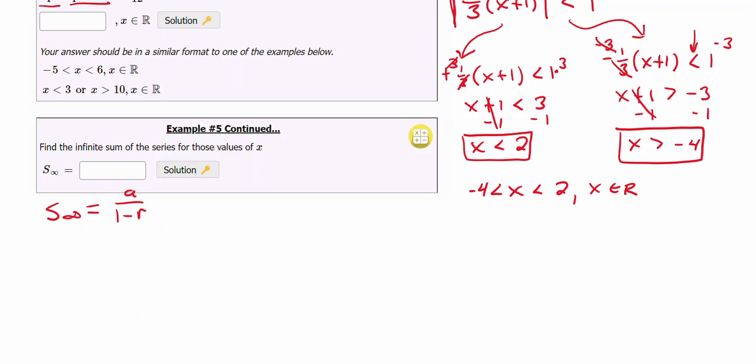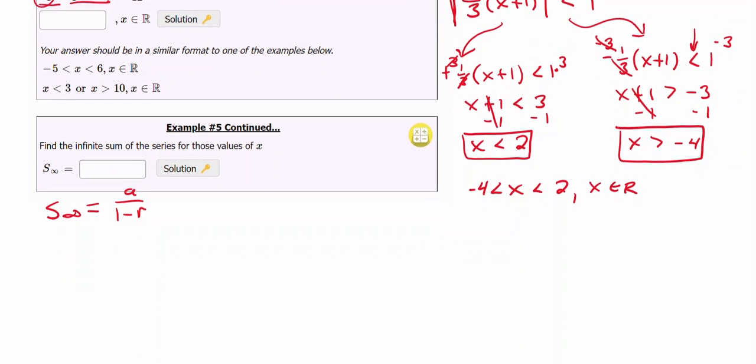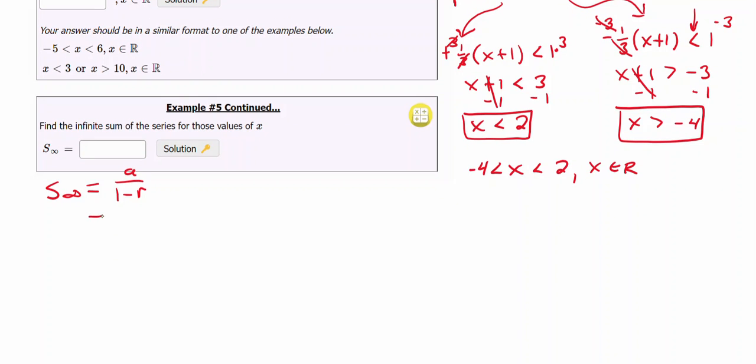And we have an expression for r, right? But what's our a value? Well, that's actually pretty straightforward. Our a value is written there, it's 3 over 4. That's just our first value. So let's fill this in. So this is going to be 3 over 4 over 1 minus, and then our r value is 1 over 3 x plus 1.